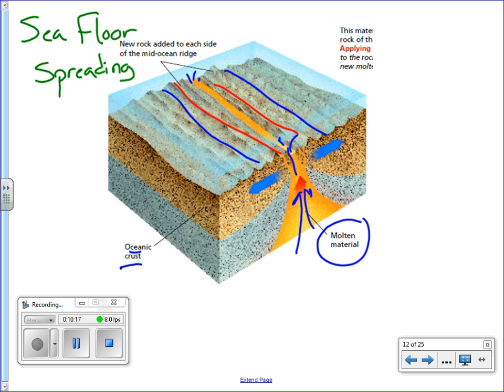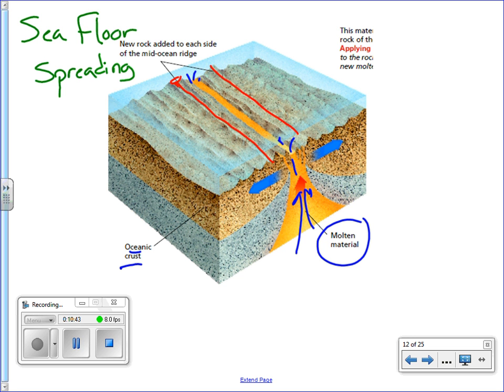Now, how do we know, in fact, that these are moving apart from each other? Well, scientists, in the 50s or 60s, saw this first with sonar and drilling samples. But if you look, there's almost like stripes in the ocean floor. And over here, and over here, there is new rock.